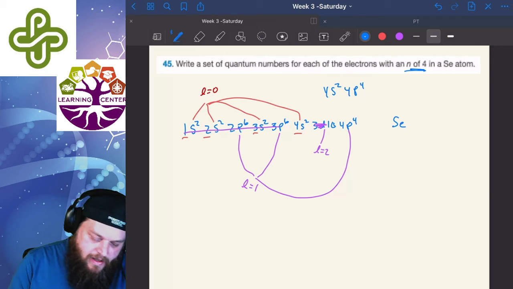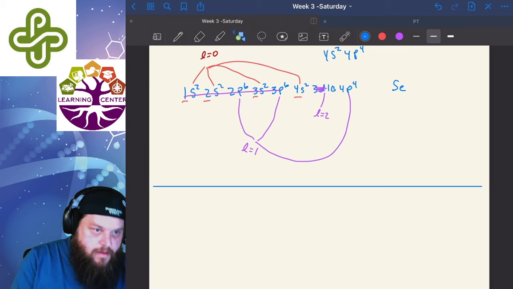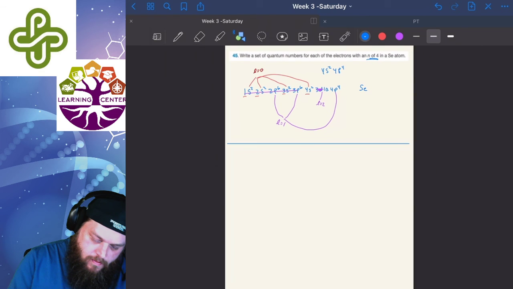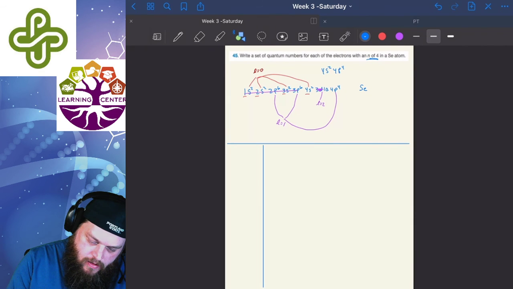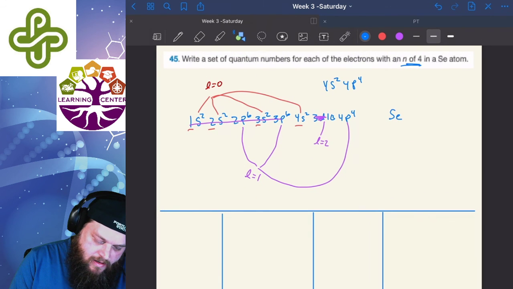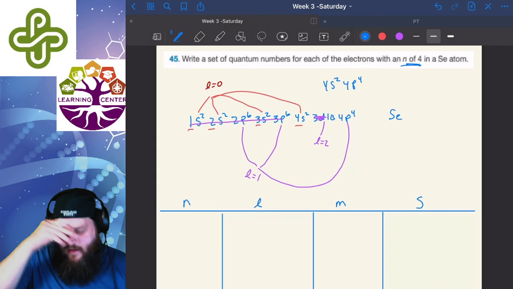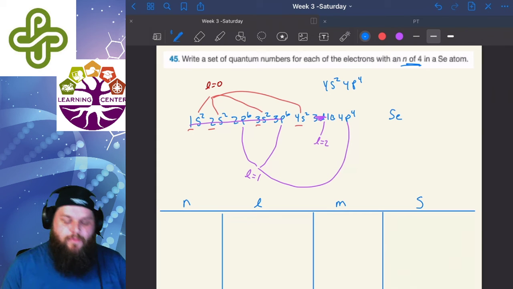So let's do that. I'm going to write a little table here. Besides the N, L, we also have M and the S. They just represent different possible quantum numbers.